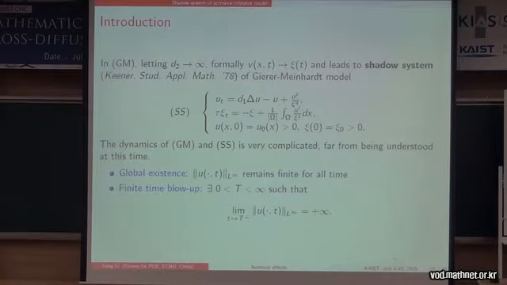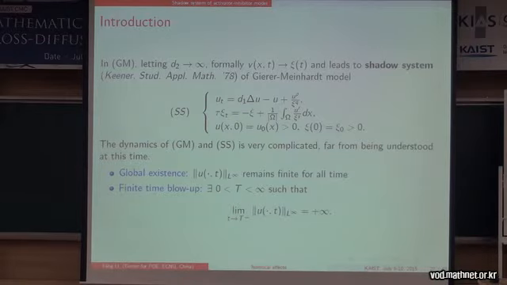This idea was initially proposed by Keener, and the study of the shadow system is usually regarded as the first step in studying the original Gierer-Meinhardt system. However, the dynamics of the Gierer-Meinhardt system and its shadow system are quite complicated and far from being understood at this time. So in this talk, we just focus on these two properties and see what happens.